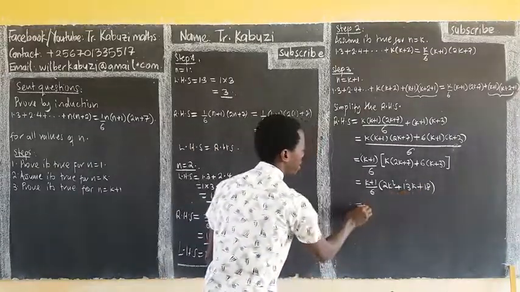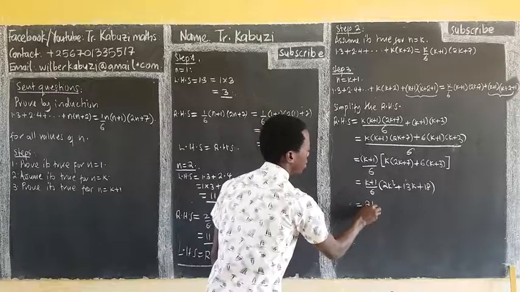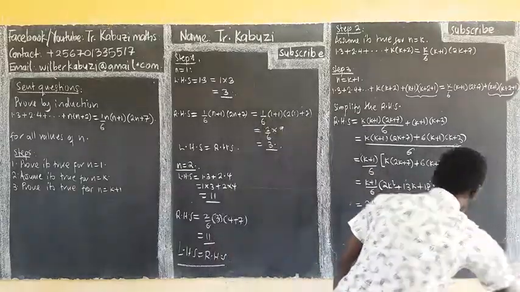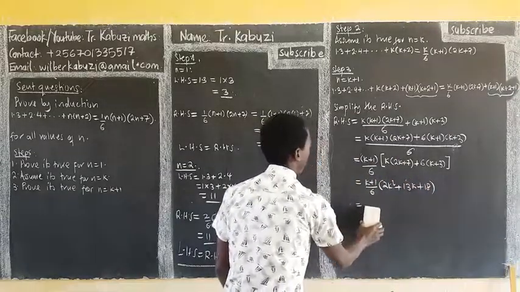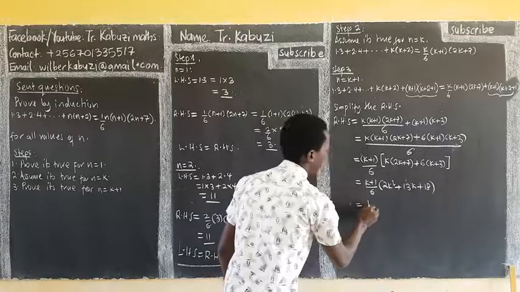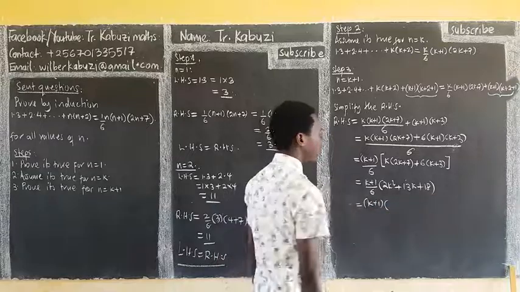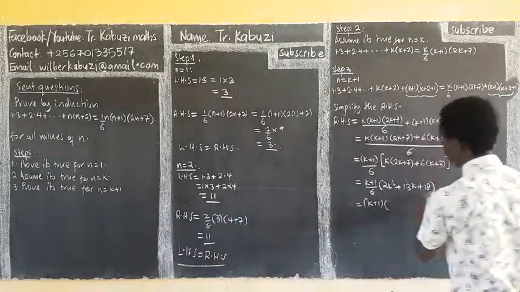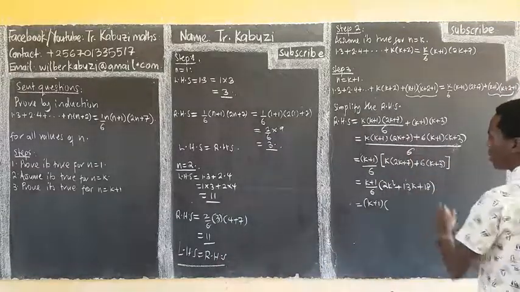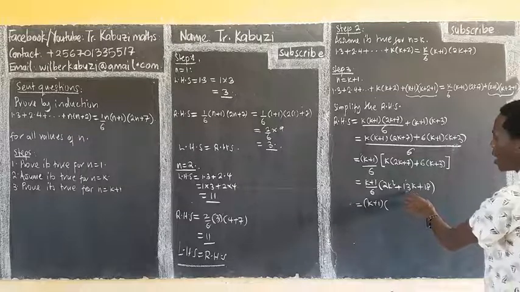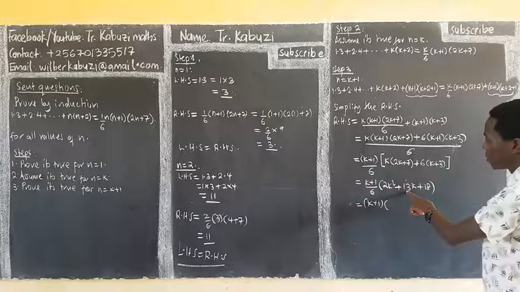You can factorize this into (k + 1) into, you can factorize this. You see that two numbers are multiplied to give 36 and when I add, I get 13.